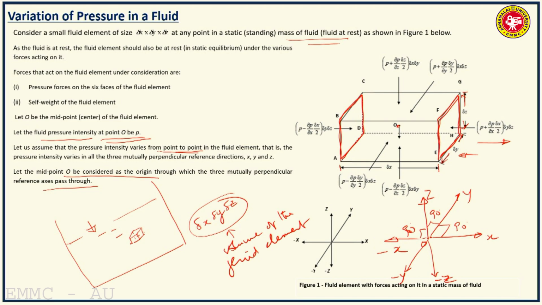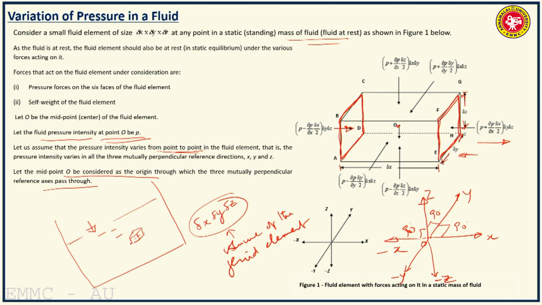Now you have fluid mass surrounding this fluid element, because you have picked at random a fluid element from within the mass of the fluid. So you will have a pressure force which will act in a direction normal to the surface, that is A, B, C, D, the left face, acting in this direction.